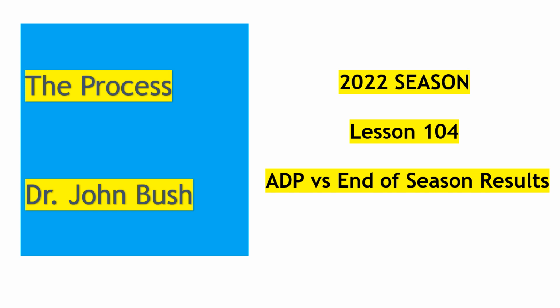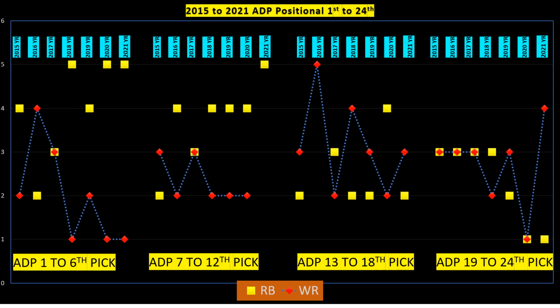So anyway, with that said, I've got a couple slides I want to continue the lessons on here. First slide is 2015. The overall title of this slide is 2015 to 2021 ADP. And it's really just the running back and wide receiver positions from first pick to 24th pick. So rounds 1 and 2. So the first 2 rounds.